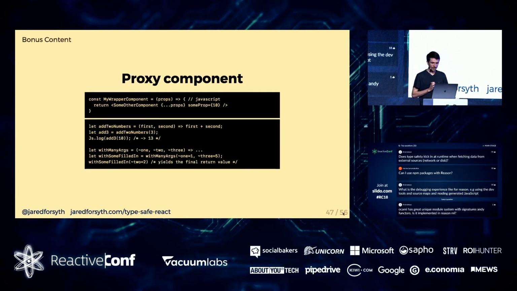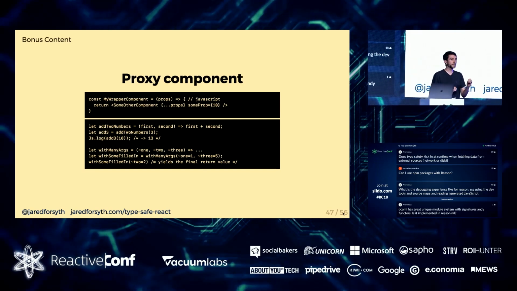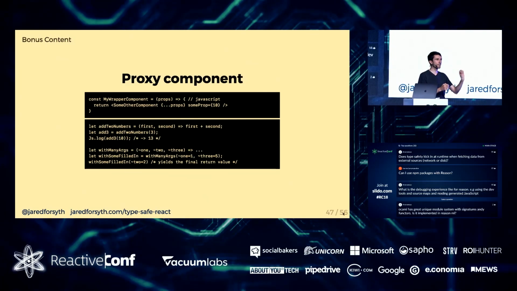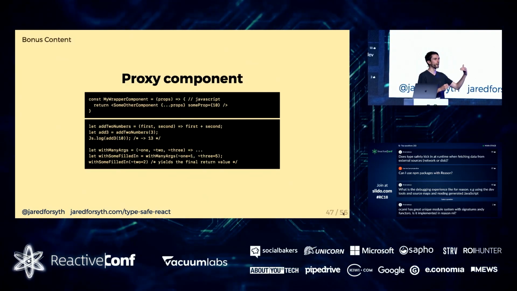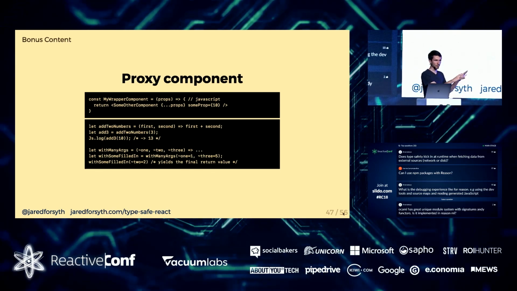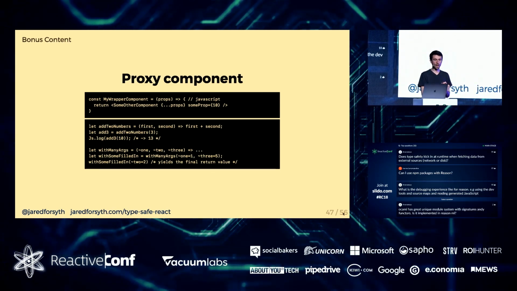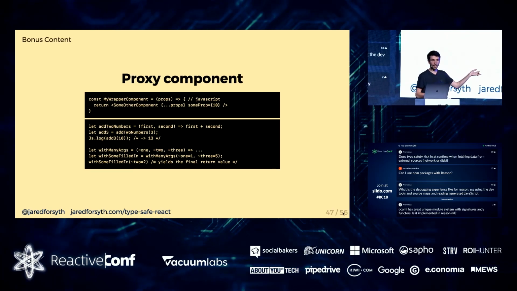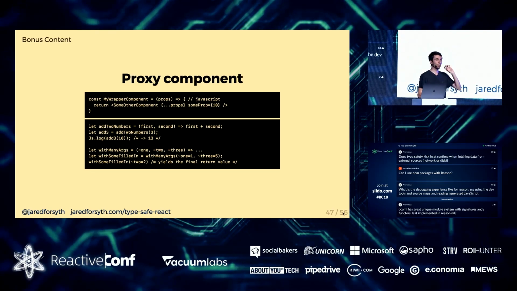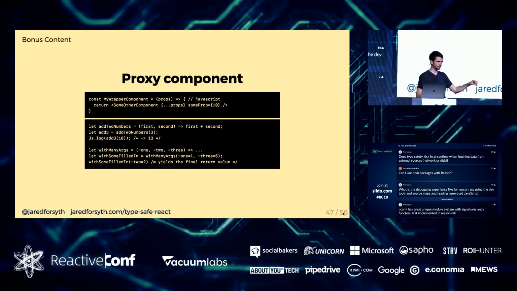And in Reason, we get to take advantage of currying, where every argument to a function can be provided separately. Here's a basic example of currying with simple math functions, where we have add two numbers, and it takes two arguments. We can pass the first one, and then it will return a function that's waiting for the second one.